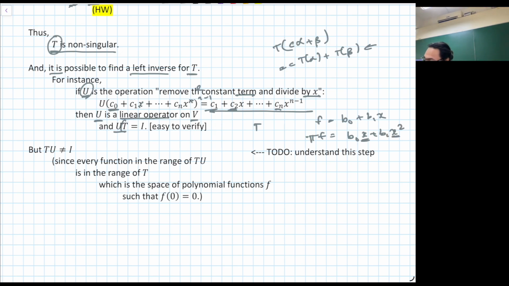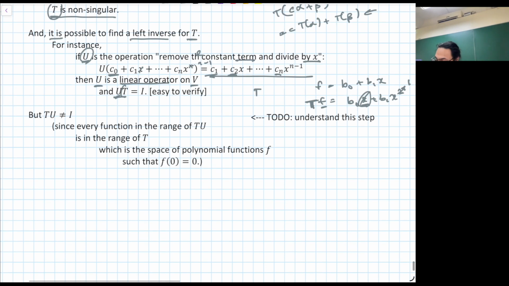Whenever you have T acting on f, because it's acting on polynomials, it would always have as a result something that has x. There would never be a constant term. So when you apply U, it will only remove the powers of x, bring it back. Say if it's 2, it will make it 1. Because it will always bring you back to the function you started with. Okay, so that's why it's identity.